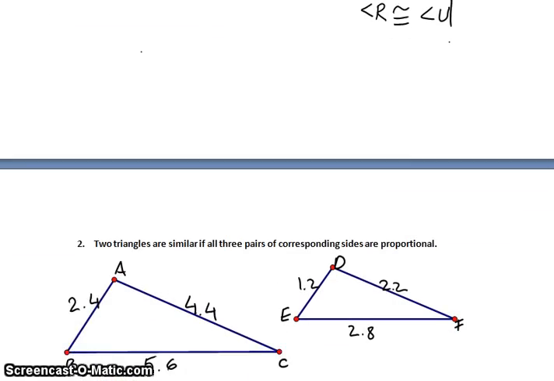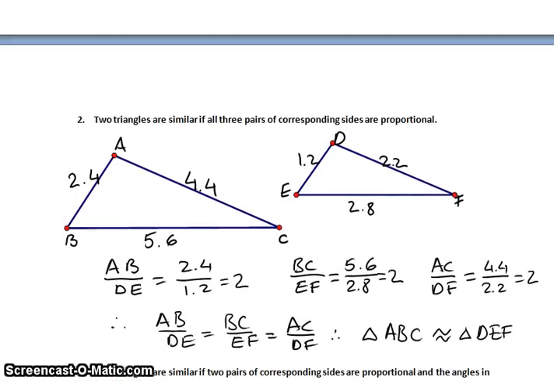Similarity case 2 says that two triangles are similar if all three pairs of corresponding sides are proportional. So I checked the ratio of corresponding sides. AB with DE, their ratio is 2.